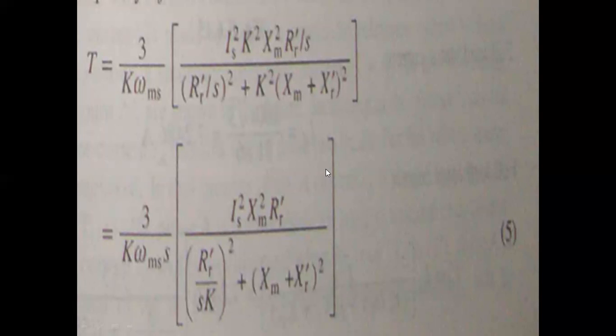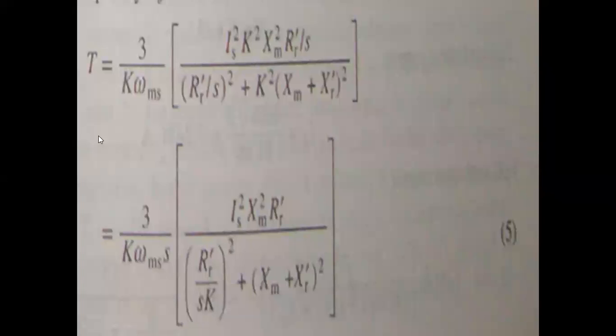Okay, so from this I am taking constants, see here, 3 by k omega ms by s. I'm multiplying and dividing. So here I am taking the s common out from this equation, so you're getting this s eliminated. So s will be here, and is square xm square rr dash divided by rr square by s into k, multiplying and dividing with k square.